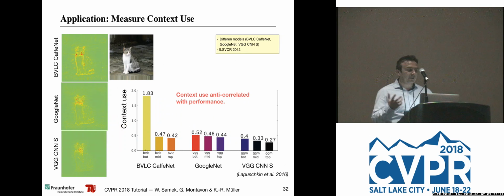We also extended this analysis and compared different architectures. Here we have three architectures: VGG, GoogleNet, and CaffeNet. It's on ImageNet data, so we divided the classes into three categories.